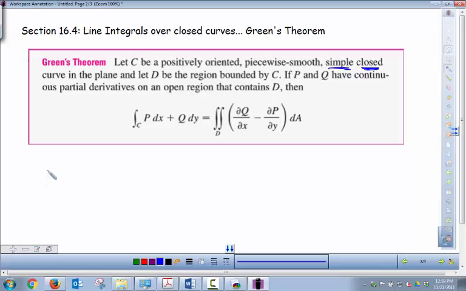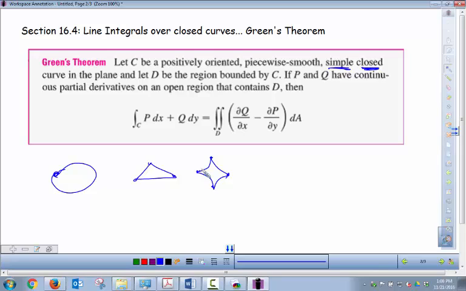So you could possibly have a nice circular curve or a nice triangular curve that can be done in pieces, or anything that, as long as it's smooth in different pieces, then that would be fine to use as a piecewise smooth closed curve.